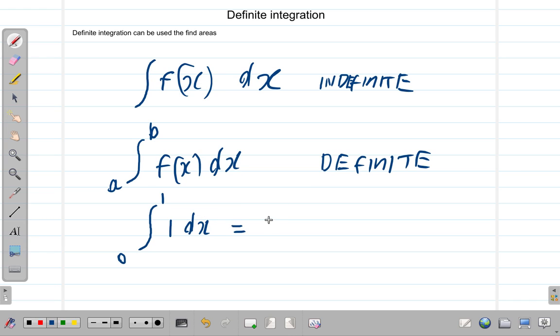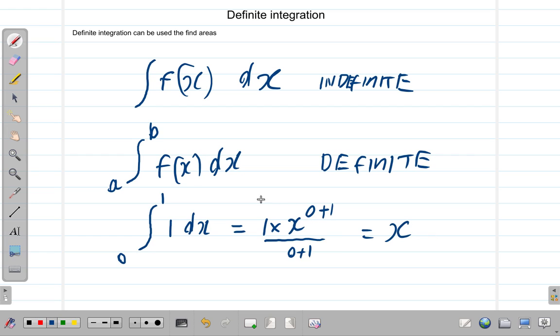Remember, 1 means 1 times 1. And if you want to show the power of x, 1 is the same as x to the 0. When you integrate, you add 1 to the old power to get a new power, and you divide by the new power. But this is x raised to the power of 1, which is really 1 times x to the power of 1, just x over 1, which is just x.